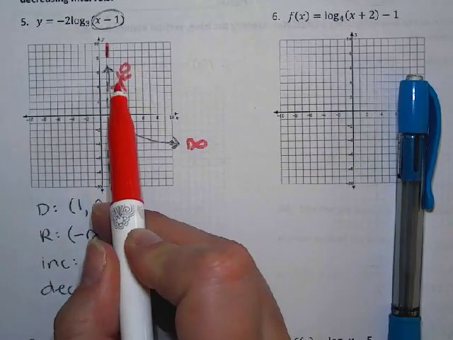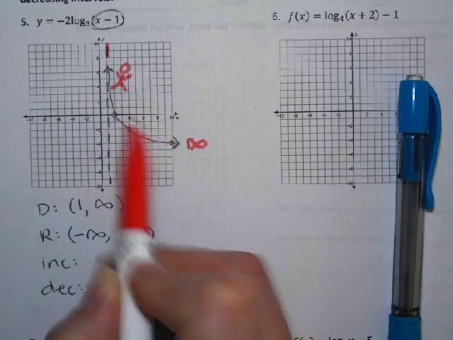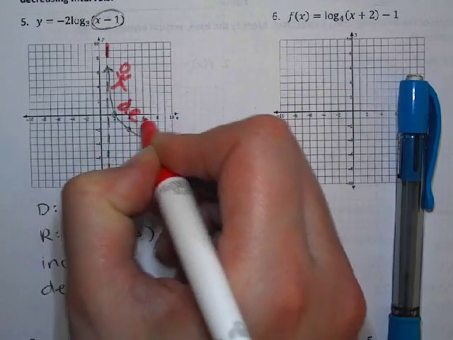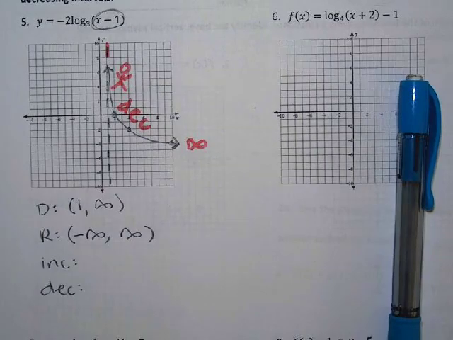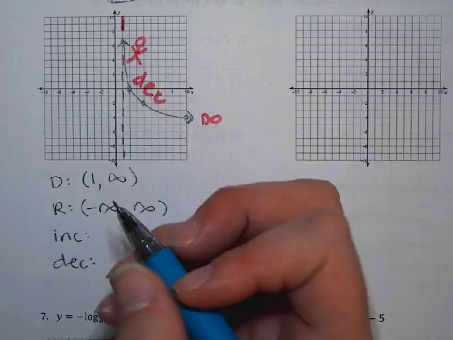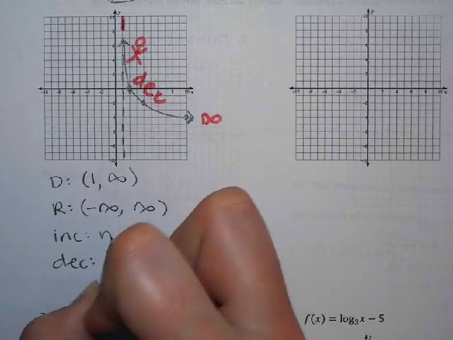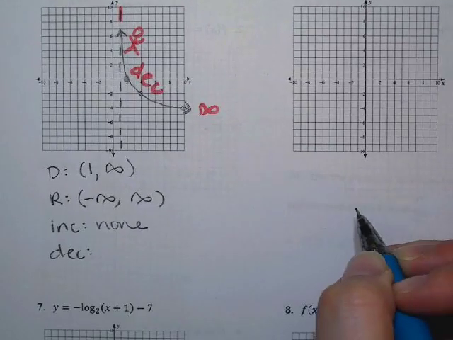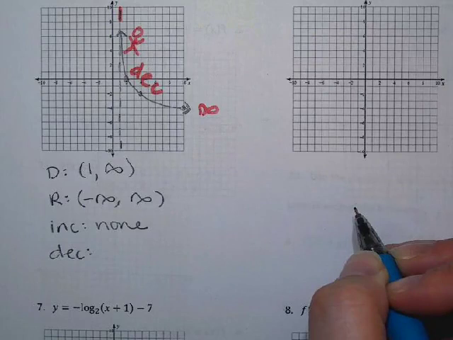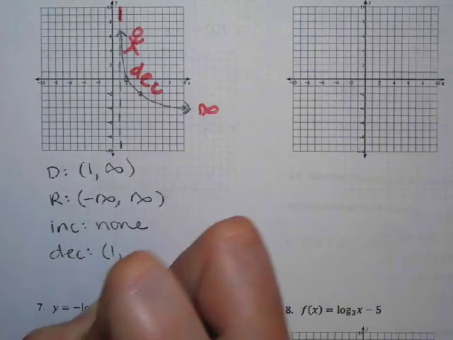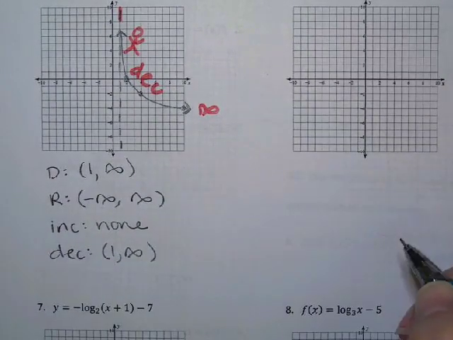And what is the stick figure doing? Decreasing. It's like he's sliding down into a valley or something. Okay, so he is decreasing. So what should I write for increasing? None. All right, and what should I write for decreasing? 1 to infinity.